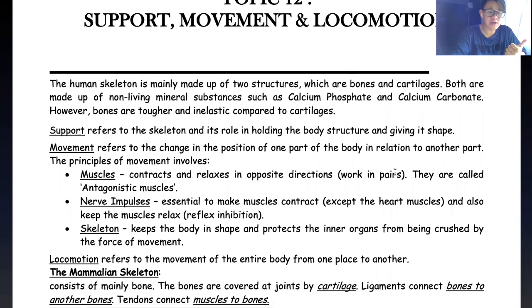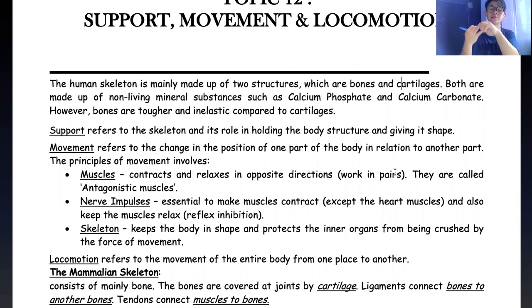So firstly, what we're going to do is we're just going to briefly recall the functions of our skeleton, because the topic is about support, movement, and locomotion, and we have established that all of these are enabled because we have our bones, our skeleton, as well as our muscles.